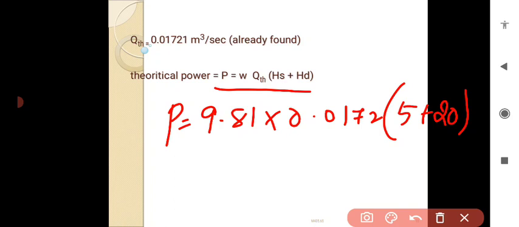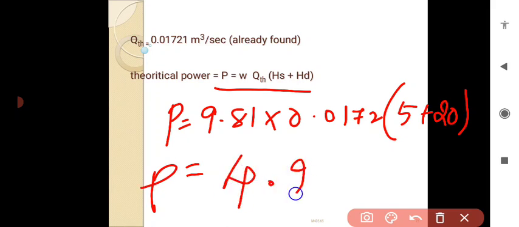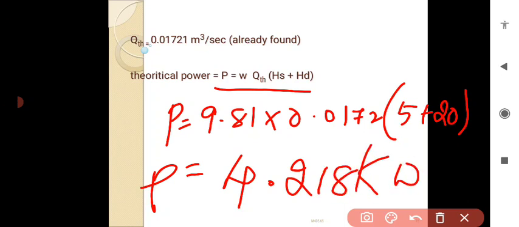So calculate it, you will get the answer directly. The theoretical power required to drive the pump is 4.218 kilowatt. This is the answer for the given question.